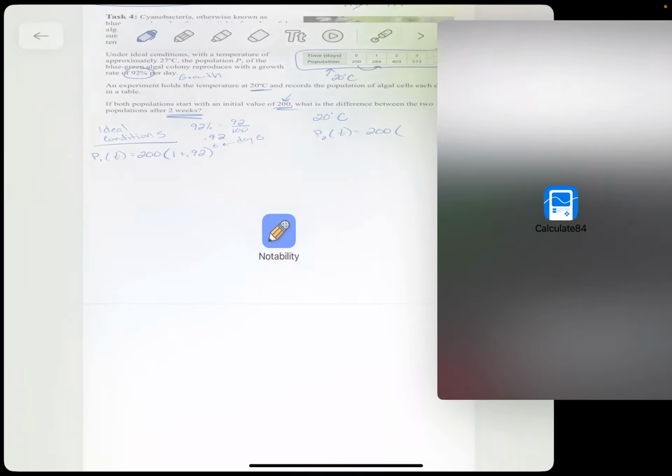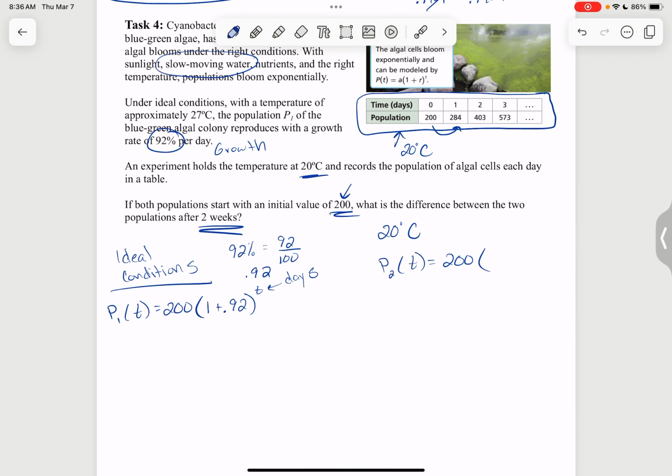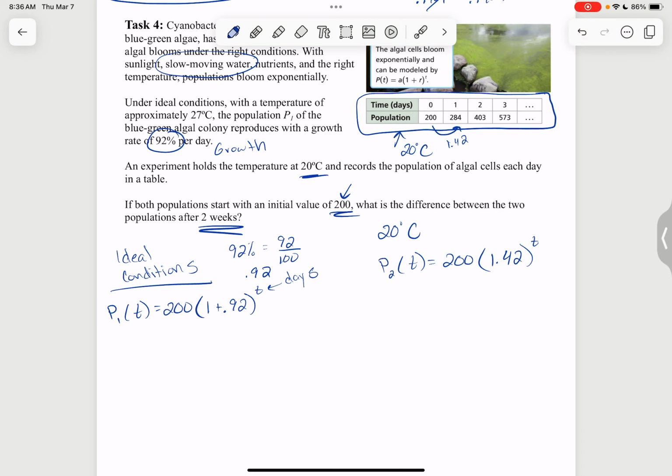So we go from 284 divided by 200. It's going up 1.42. So 1.42 to the t. Now let's double check that. If I take 284 times 1.42, I get 403. Yep, that works. So I multiply by 1.42.